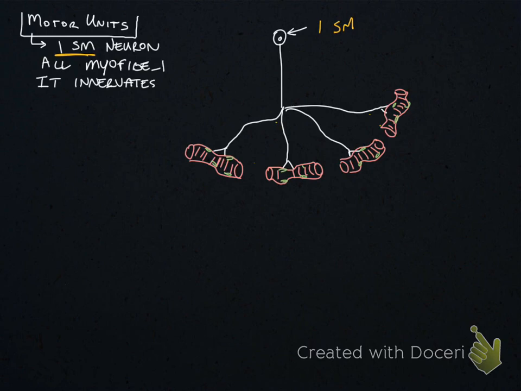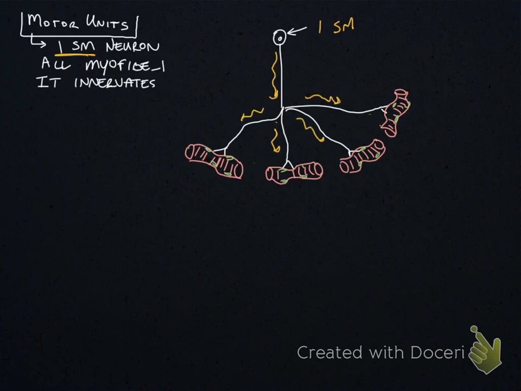And it could be 4, or it could be 4,000 muscle cells, and that could be considered one motor unit. The size of the motor unit varies depending on the muscle group. However, all the muscle fibers in a motor unit have to be the same type. So for instance, okay, here we have one somatic motor neuron. It's going to send its action potential to all of these because it's an all or none.